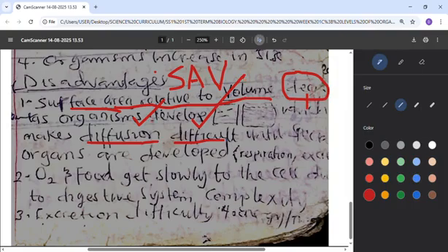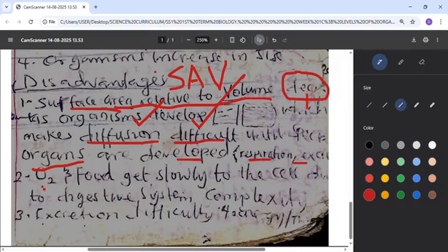So that's why there are some special organs that will be doing the work of that diffusion. So instead of diffusing, they will rather be doing respiration, excretion, and all other things that small organisms cannot do. So it is a disadvantage because they cannot do diffusion directly the way smaller organisms do it.